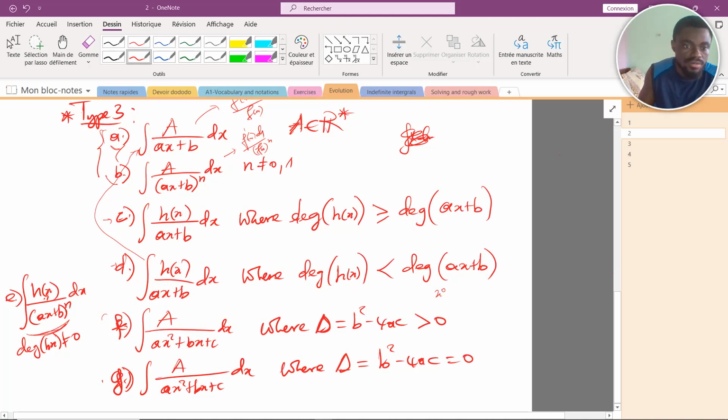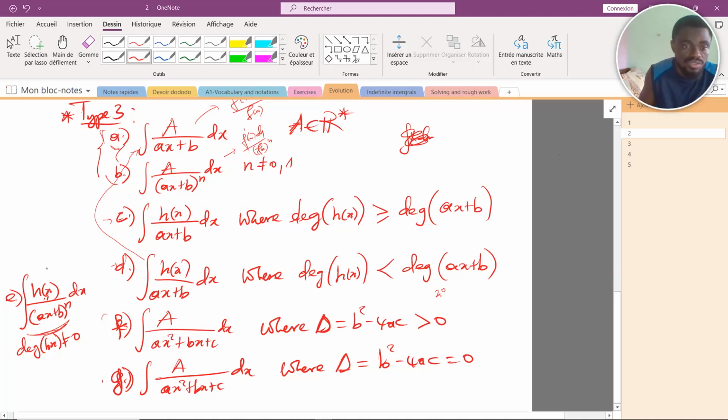And we ended up with this last one, where we're integrating h of x on ax plus b to the n. So basically we said that there are two conditions here. If the degree of h of x is greater than or equal to the degree of ax plus b to the n, we proceed to the long division of what? This by this. You understand?